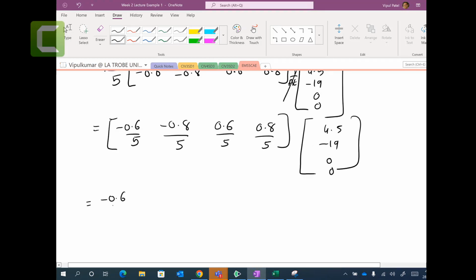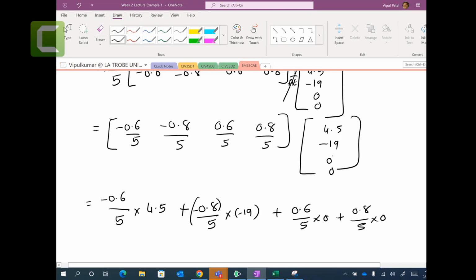So minus 0.6 on 5 times 4.5, minus 0.8 on 5 times minus 19, plus 0.6 on 5 times 0 plus 0.8 over 5 times 0.